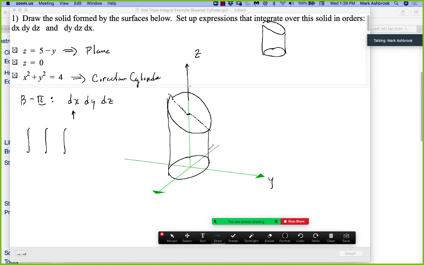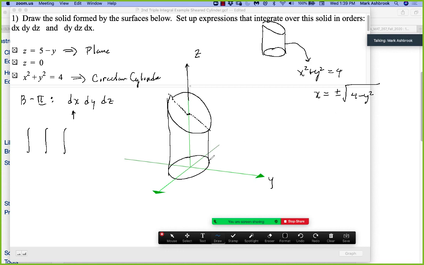Good. So the back of it is going to be the negative x values on this circular cylinder back there. So we have to solve this for x, which means x is going to equal plus or minus square root of 4 minus y squared.